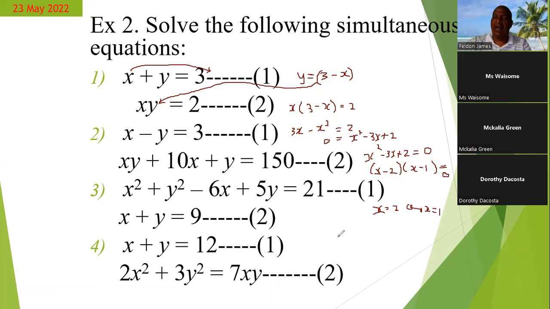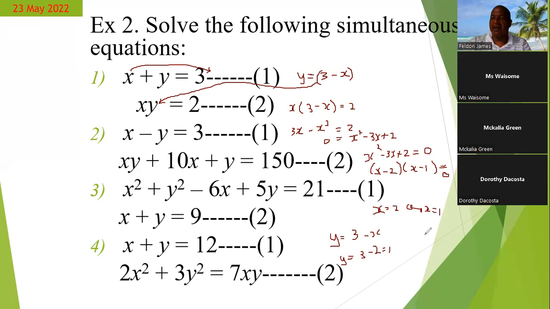And now to get y, you write back this equation that you have for y. So that would be 3 minus x. And then now you solve with each value of x. So when x equal 2, you put y is equal to 3 minus 2. And then now you get y is equal to 1.